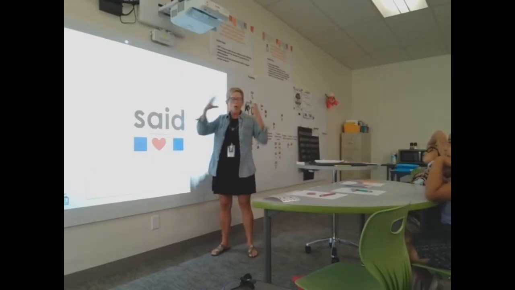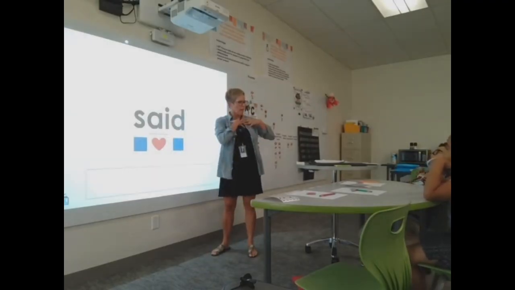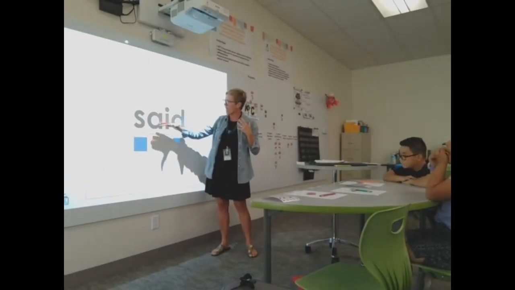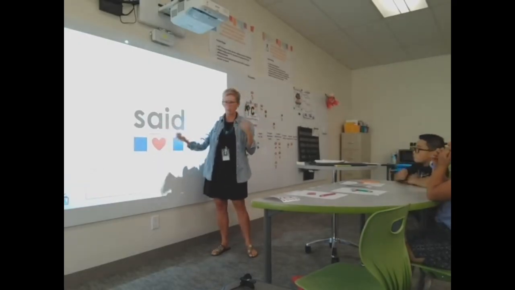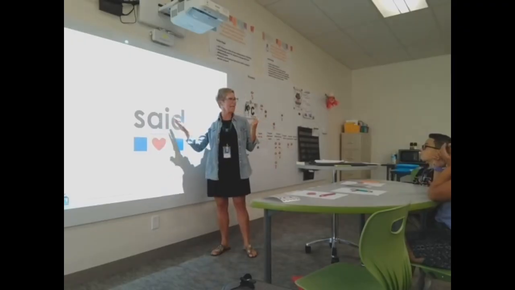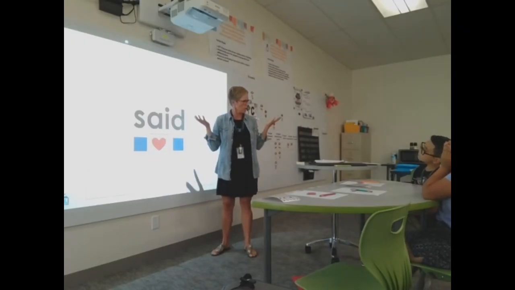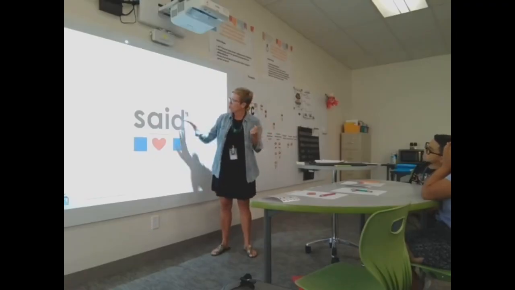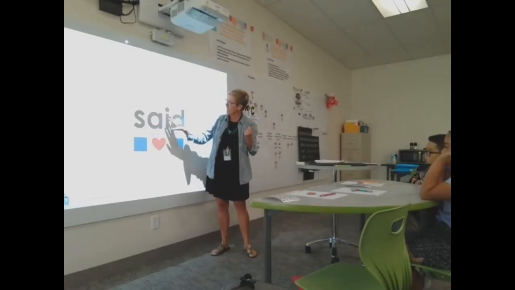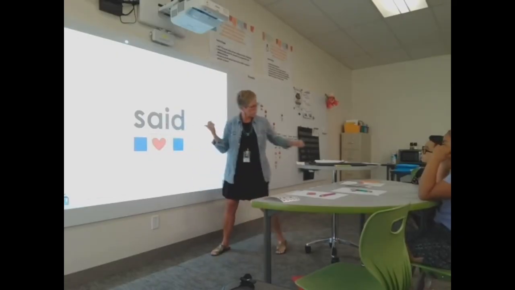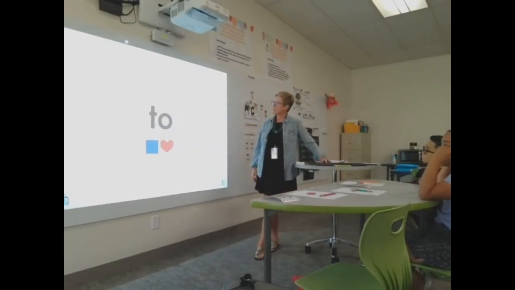No. So we put that heart there to remind us, I have to remember it by heart, in my brain, that when I see A and I and that heart, I'm not going to say sat-id, sat-id. No, that's not the word that I want. That's a nonsense word. So I have to remember in this word, A and I are saying the eh sound. Yeah, this word is what? Said.